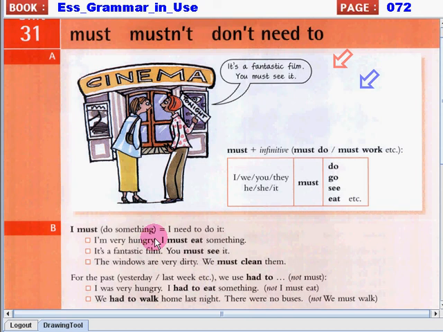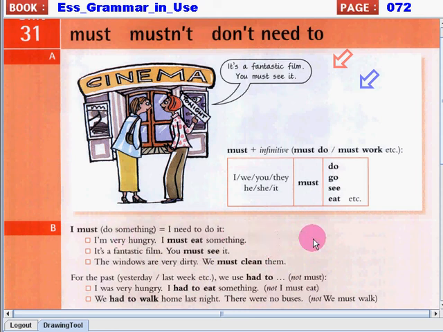So of course, what does the speaker have to do? He or she must eat. It's important for the speaker to eat something, because if not, maybe he or she will die because he's very hungry.